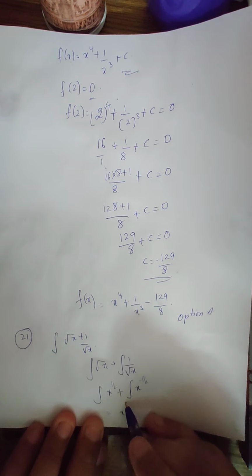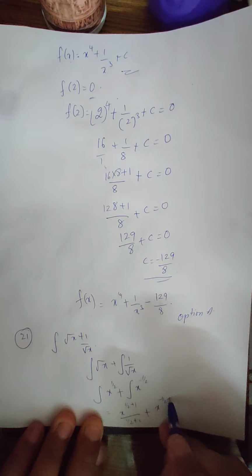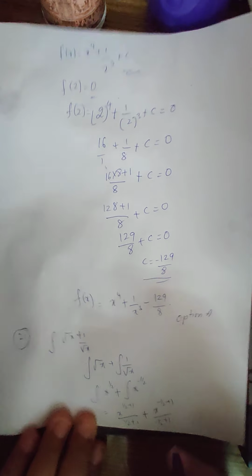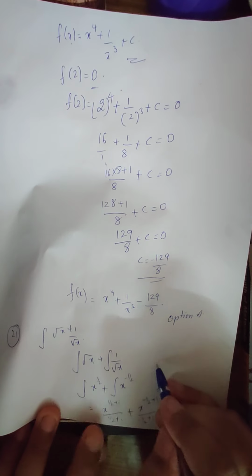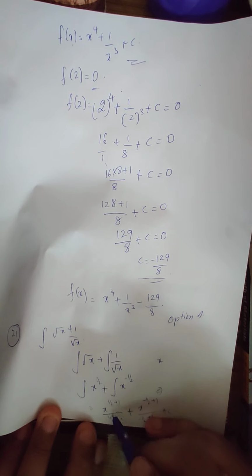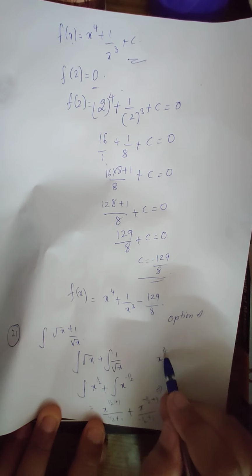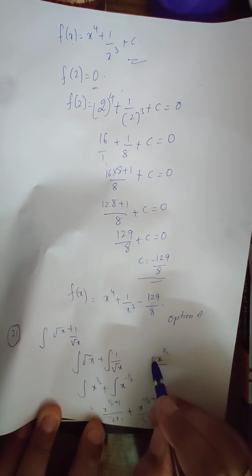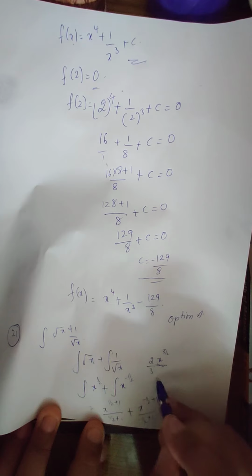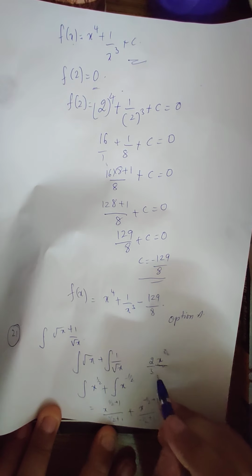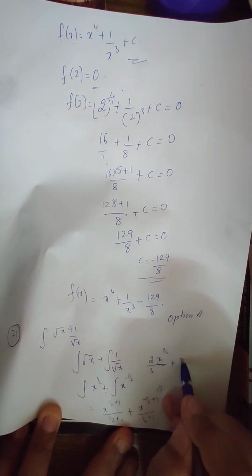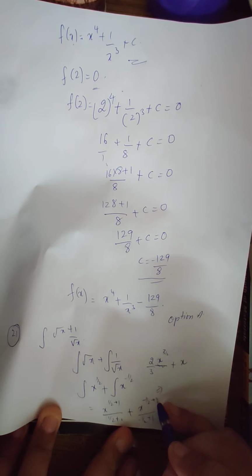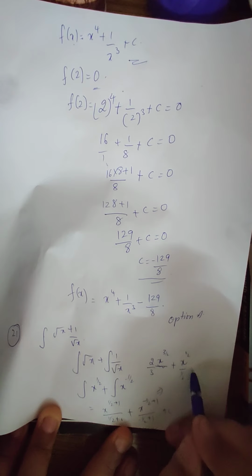So this will be x to the power of half plus 1 by half plus 1, plus x to the power of minus half plus 1 by minus half plus 1, plus c. So that will be x to the power of 3 by 2 into 2 by 3, plus x to the power of half by half, plus c.